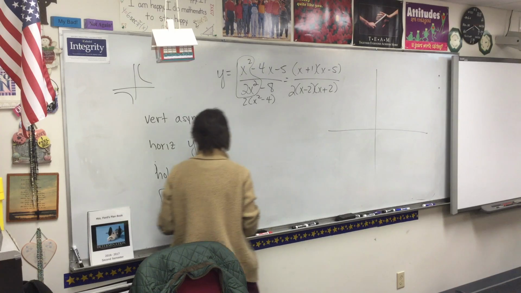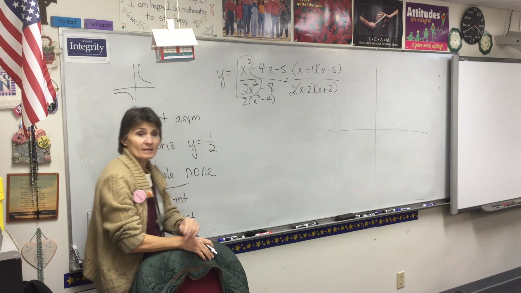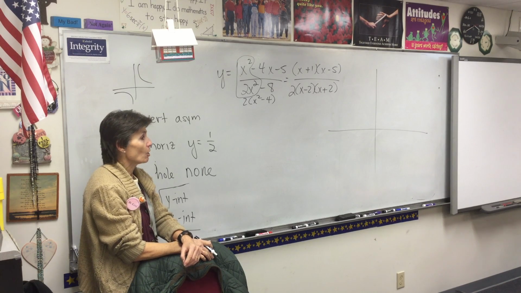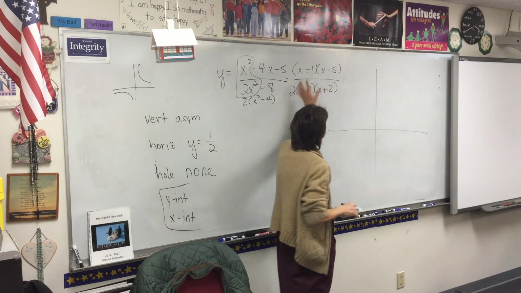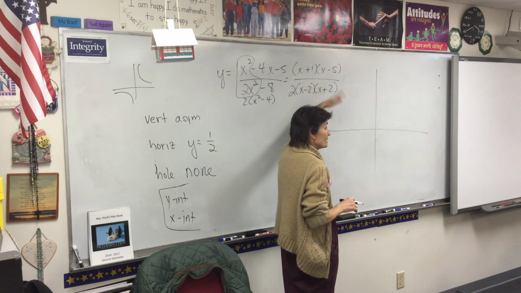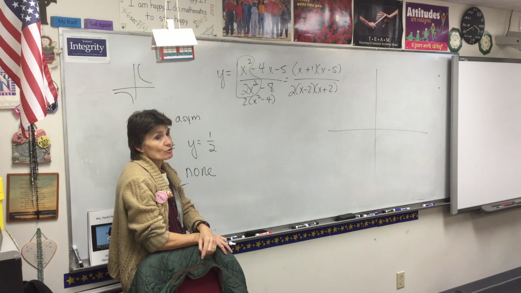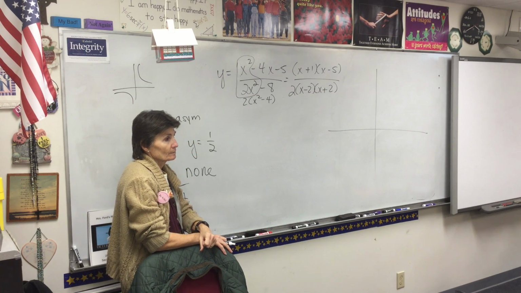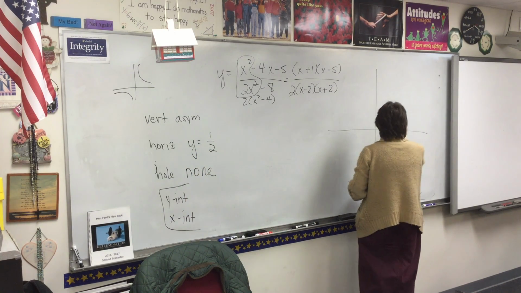I was thinking something might cancel. Is there a hole? No, nothing did, because the only way you can have a hole is if something here matches and you can cancel. Nothing matches. So this is going to be another strange picture. Once again, aren't there 2 vertical asymptotes?